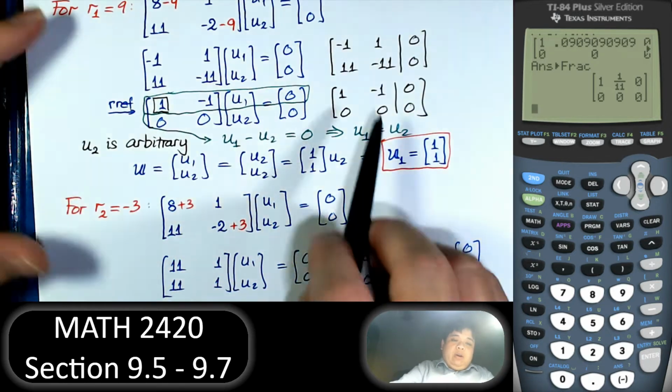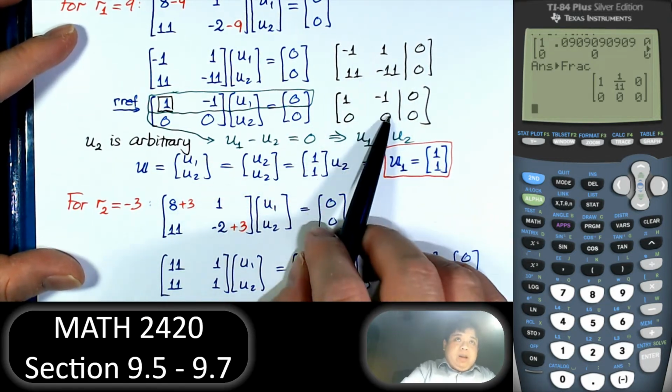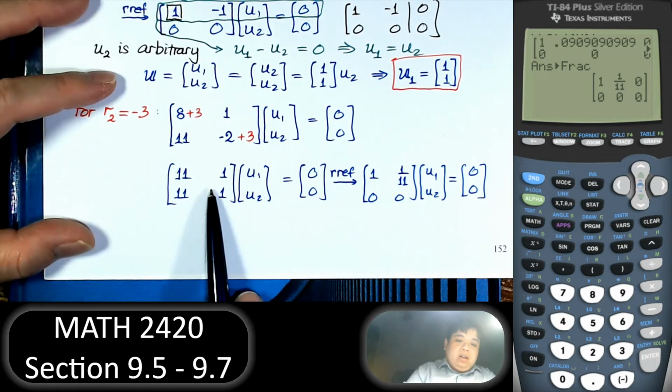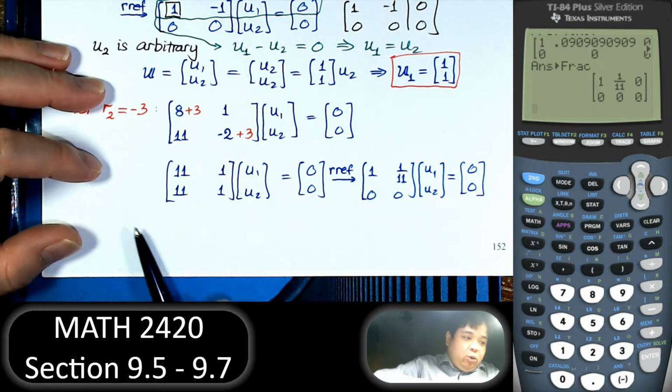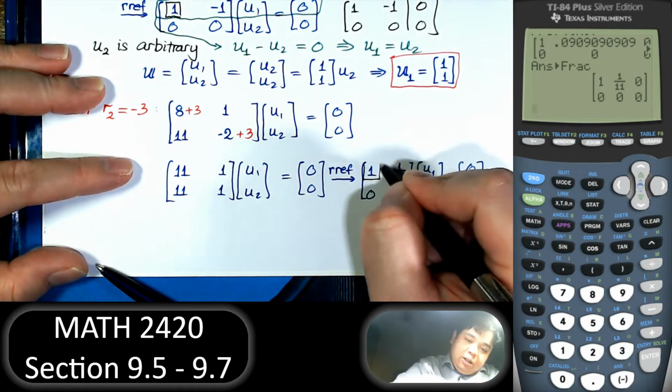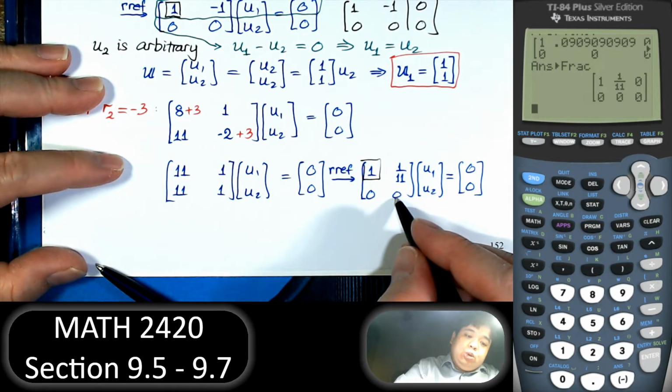I don't have to write the augmented matrix, I just write the matrix equation directly. Once again, we have the 1 here, so I choose U2 to be arbitrary.